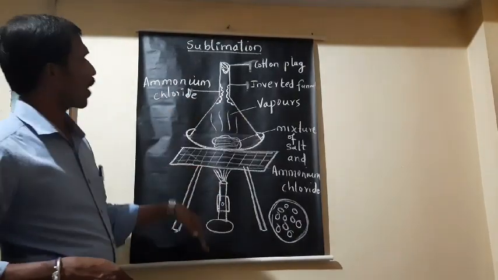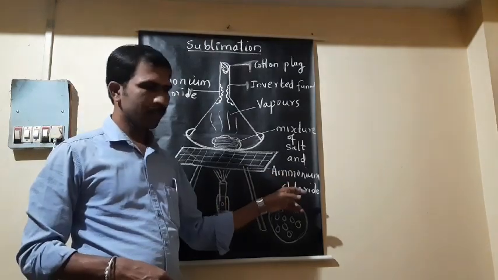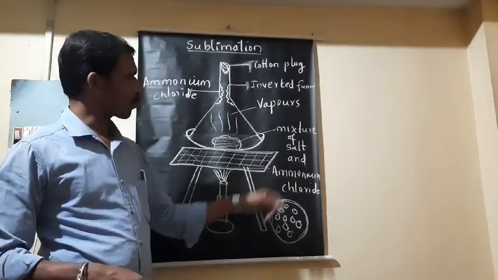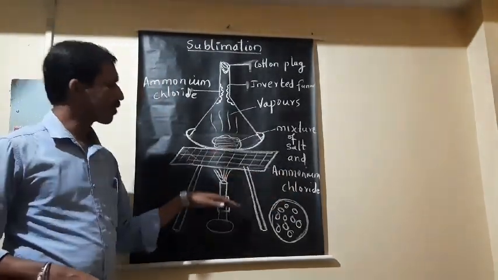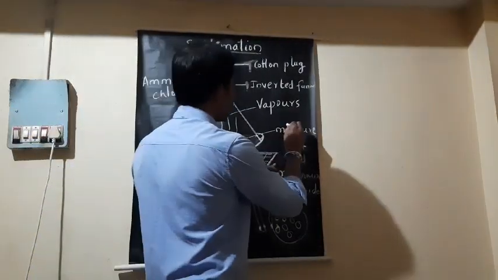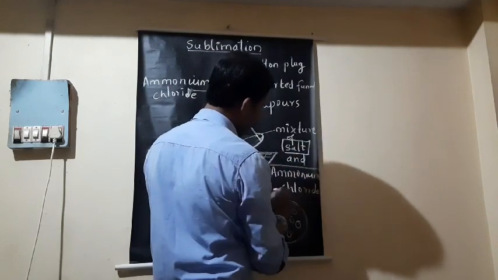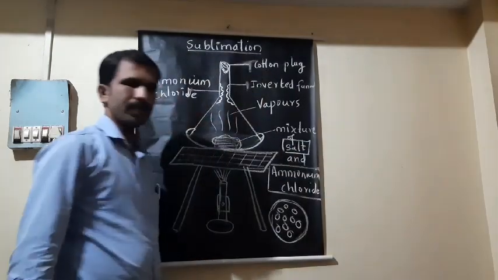In your textbook they have given the sublimation of ammonium chloride. In this method, we use a mixture of salt and ammonium chloride.